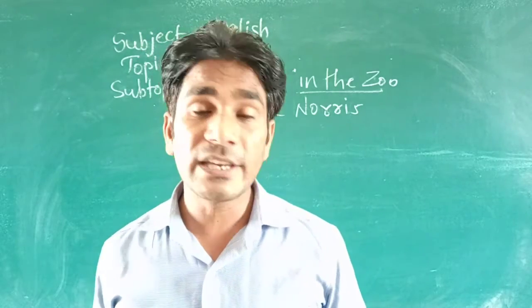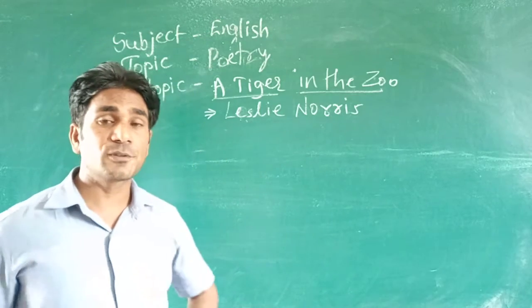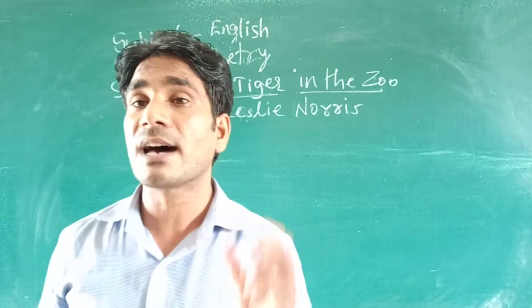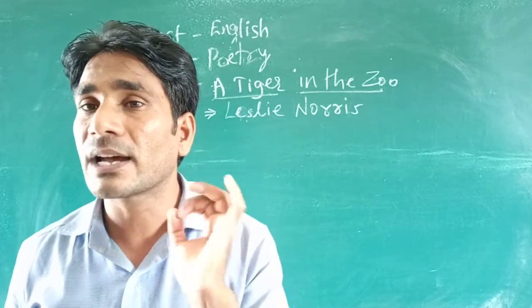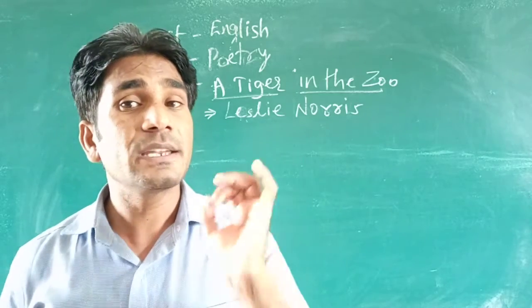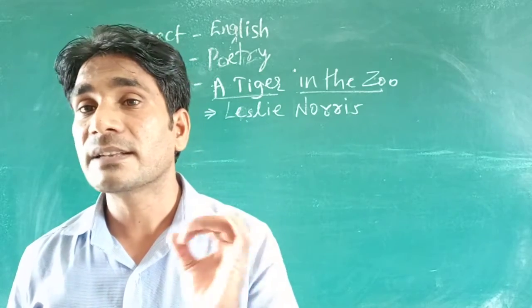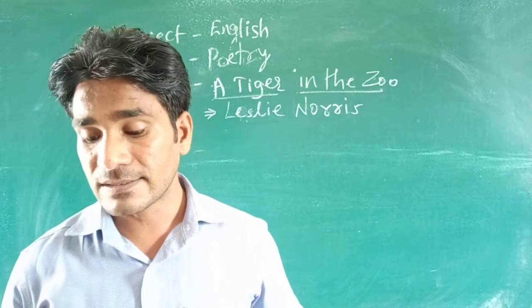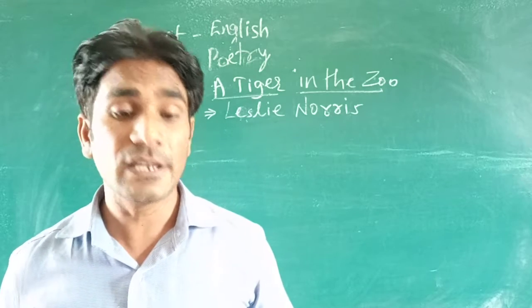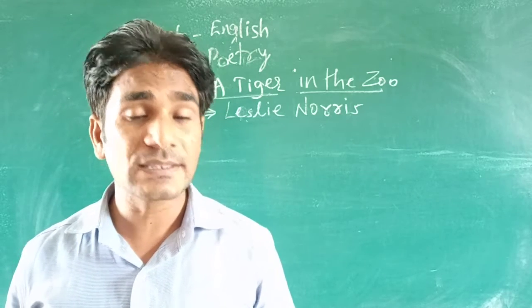Okay, so he hears, again he refers to the tiger in the zoo. Here again in the last stanza the poet is talking about the tiger in the zoo, the pitiful condition, the helplessness of the caged tiger. Here he says he hears the last voice at night.